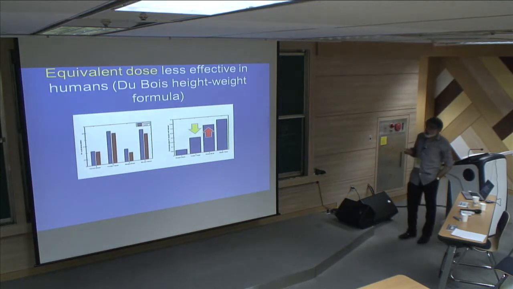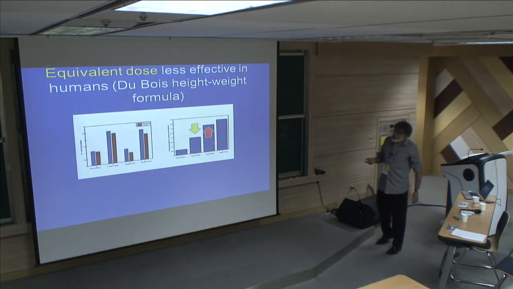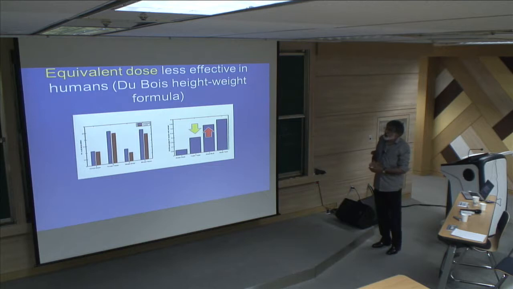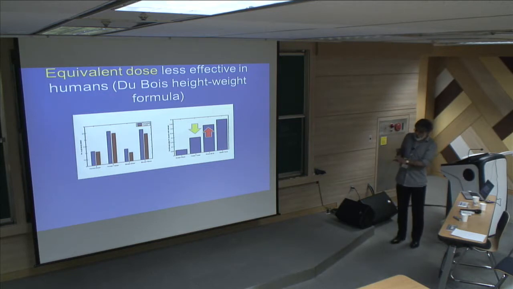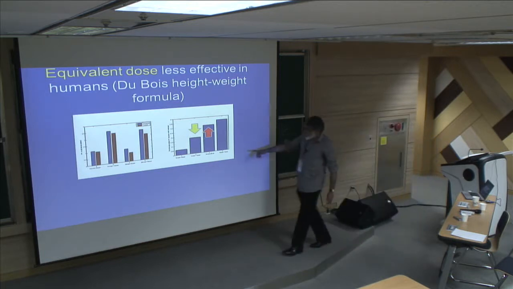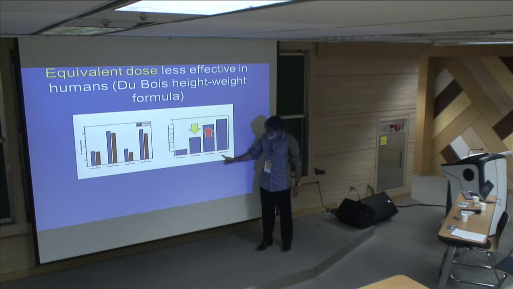So the first thing we did, obviously, was look at the bicarbonate. And so we look at this picture here, and this is what would happen with the equivalent dose. In other words, you look at your mouse and you see, well, if I give this amount of bicarbonate to the mouse, and then you say, well, we're bigger than a mouse, so let's scale up the amount of bicarbonate and give it to the human, what will happen? So here's the mouse tumor, and this is the change in pH that will happen if you give it bicarbonate.